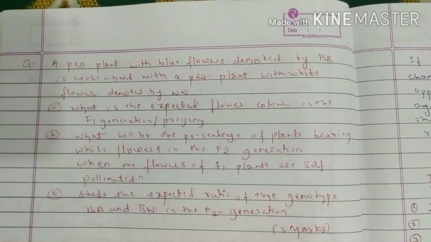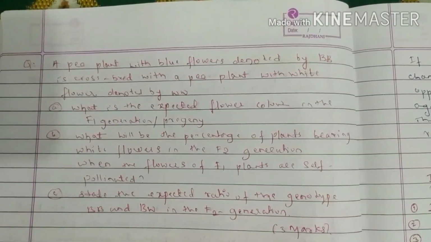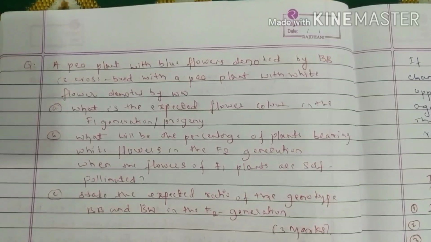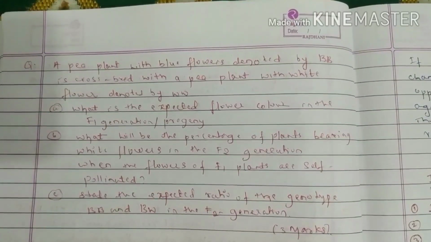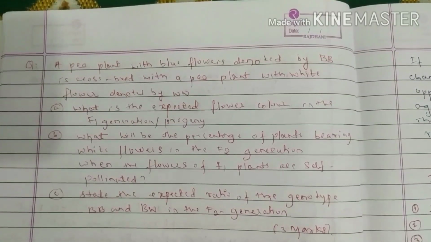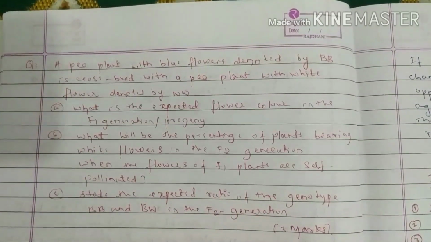So now I take this question. A pea plant with blue flowers denoted by capital B, double capital B, is crossbred with the pea plant with white flower denoted by small w. Number 1, A: what is the expected flower color in the F1 generation or progeny?